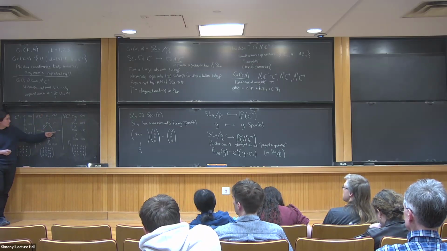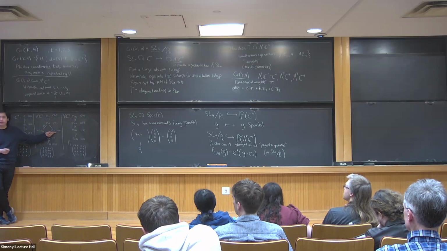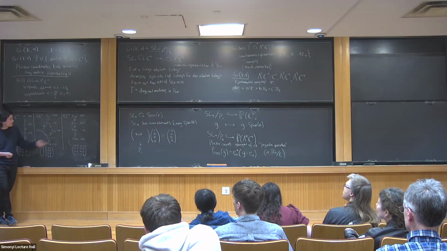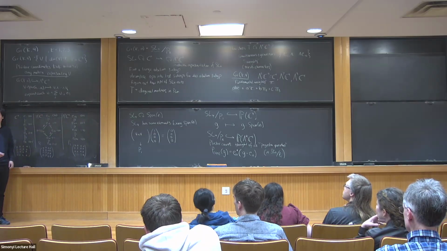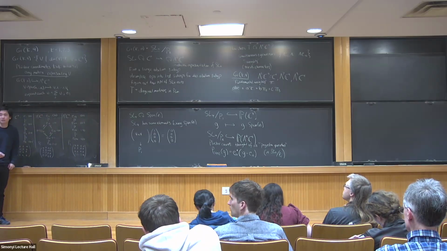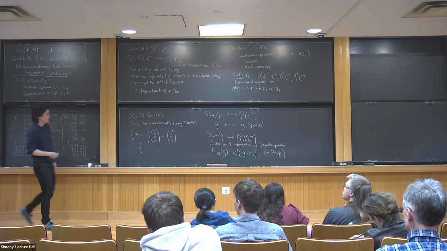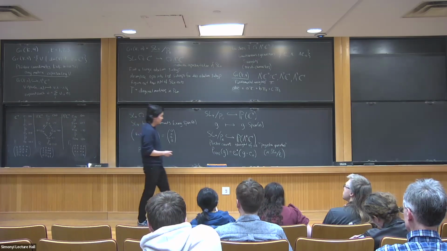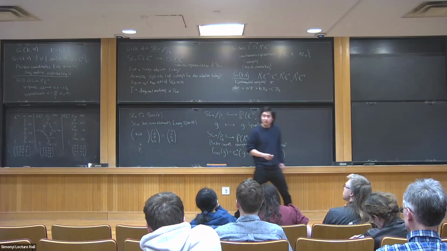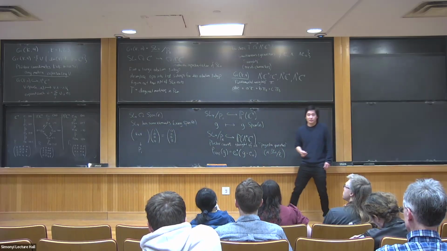So the Kluger coordinate corresponding to this weight minus 101 just takes E23 dual, takes the coefficient of E23 in the expansion of G acting on E12. Any other question?